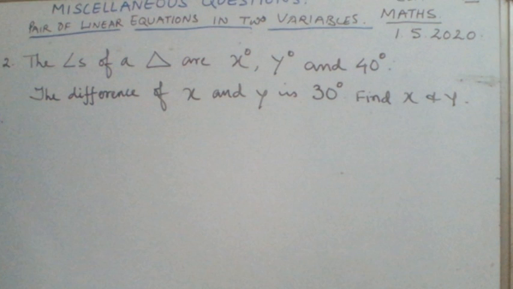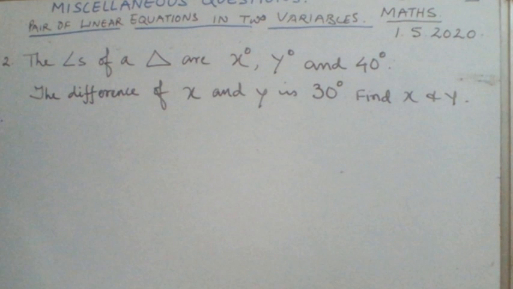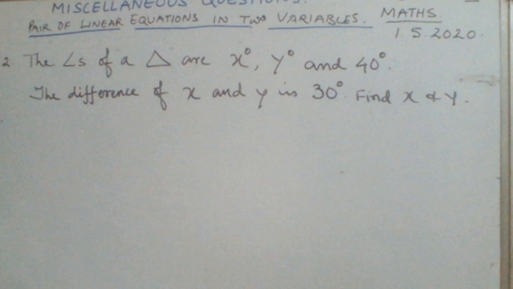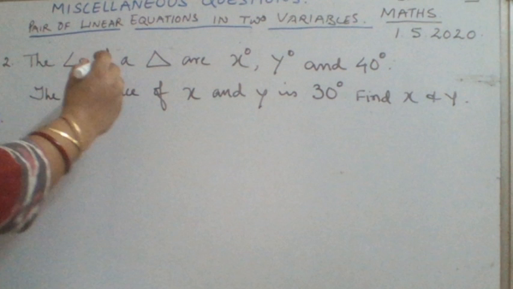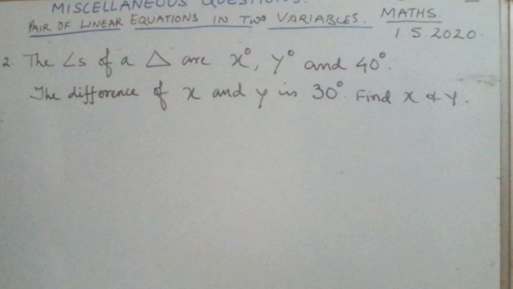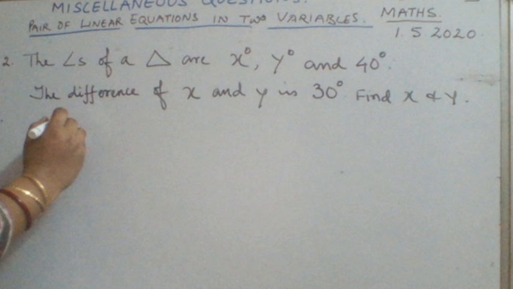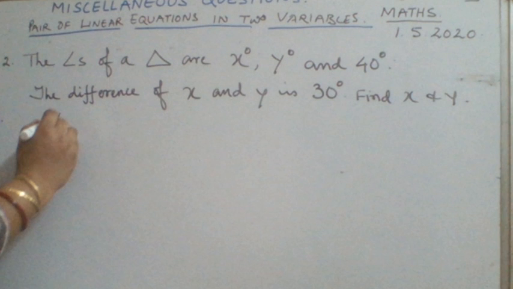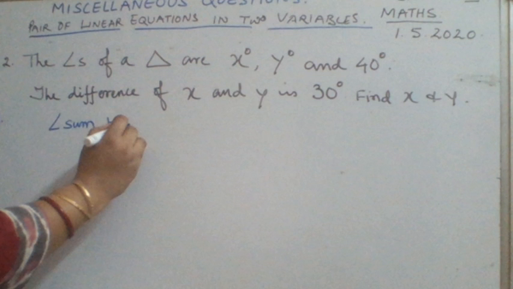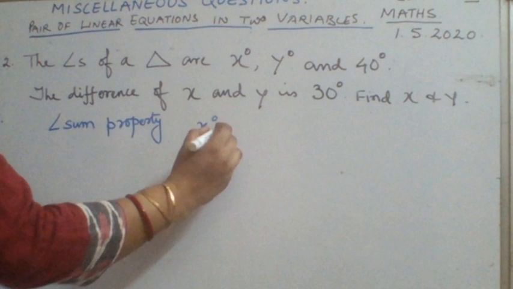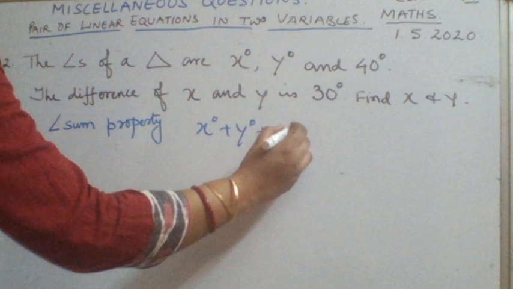Okay, so shall I solve it? Yes. Now let us see how to solve it. Because the three angles of a triangle are x, y and 40 degree, applying angle sum property, x degree plus y degree plus 40 degree will be equal to how much?